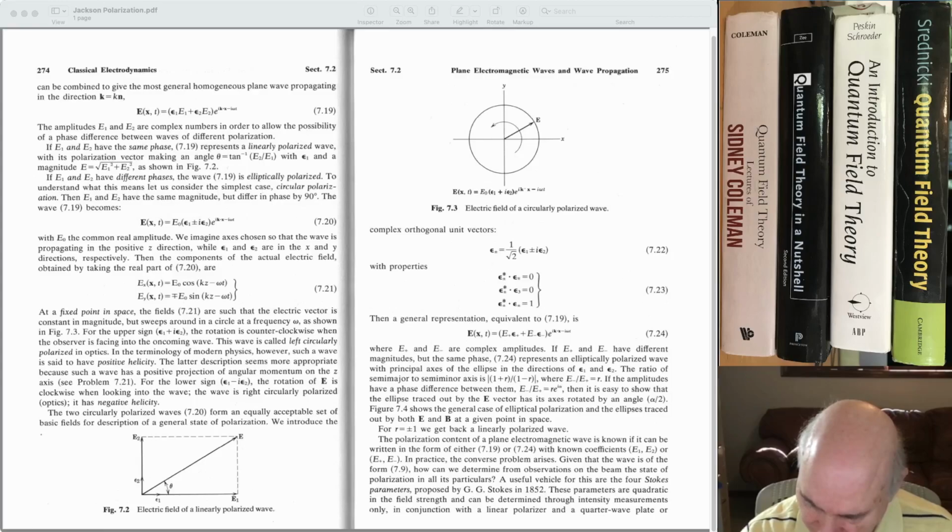This would be a linearly polarized electromagnetic wave, assuming that E1 and E2 have the same phase. This would be linearly polarized.